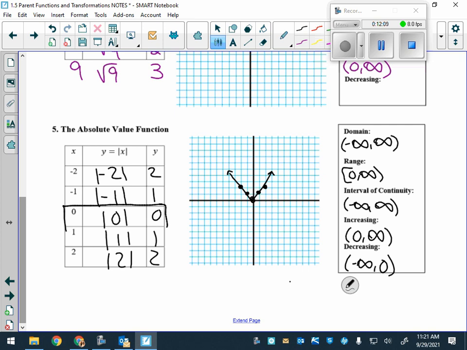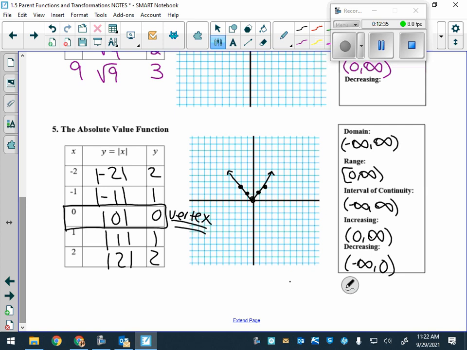They also have a vertex. So these 5 functions are our family of functions, the parent functions. This is what we are going to keep referring back to. So you're going to have this pink sheet on your desk.